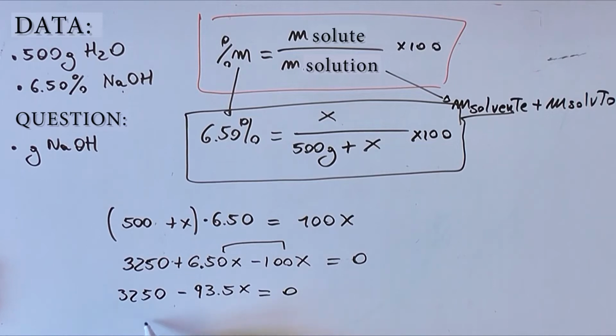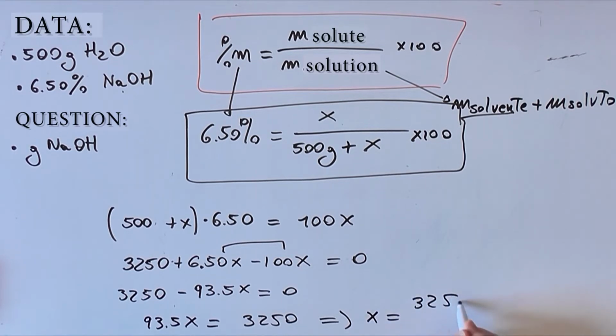It means that I will have 93.5x equals 3,250 because I have multiplied everything by the minus sign. So all the numbers are now positive. This entails x equals 3,250 divided by 93.5, which equals 34.7.